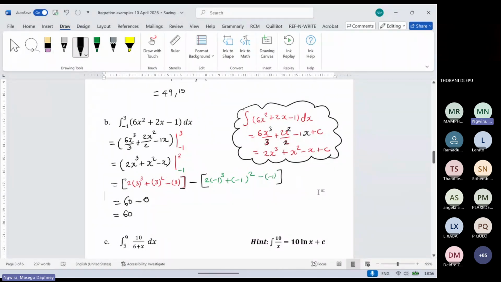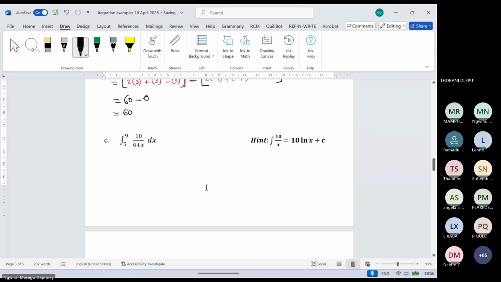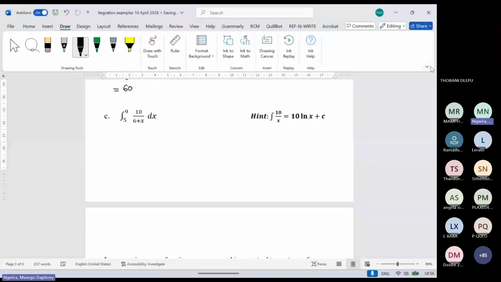And now let's move on to question C, where we have the integral of this. You'll see here I wrote on the side that the integral of 10 over x is 10 ln x plus c.